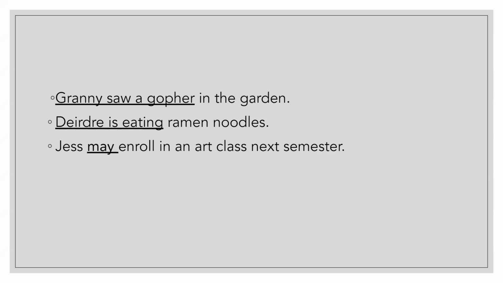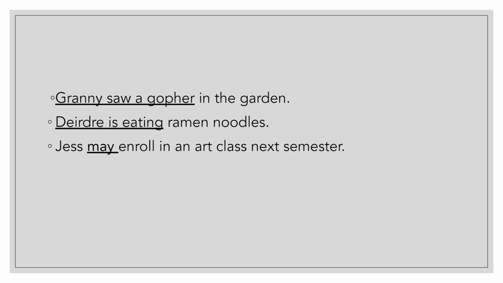You need to tell me what Granny saw. She saw a gopher. The prepositional phrase in the garden tells me where the gopher was, but that seems like less essential information, right? That's extra information, but it's not essential, right?